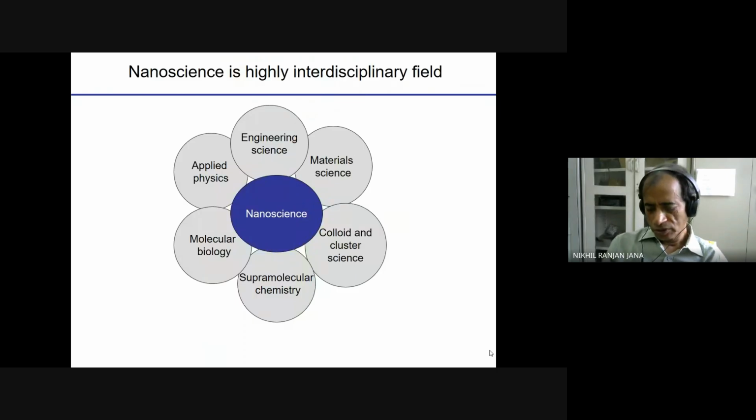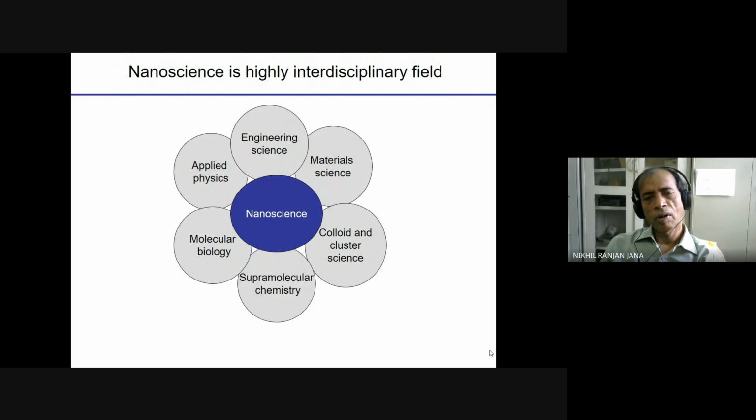And wherever you see, nanoscience is actually an interdisciplinary science. It's neither taught in physics, chemistry, or biology or any other single subject. Physics, chemistry, biology are the conventional subjects that we learn in school, college, universities.